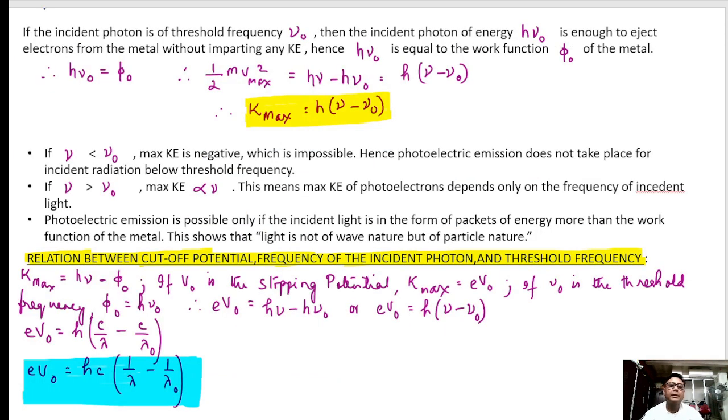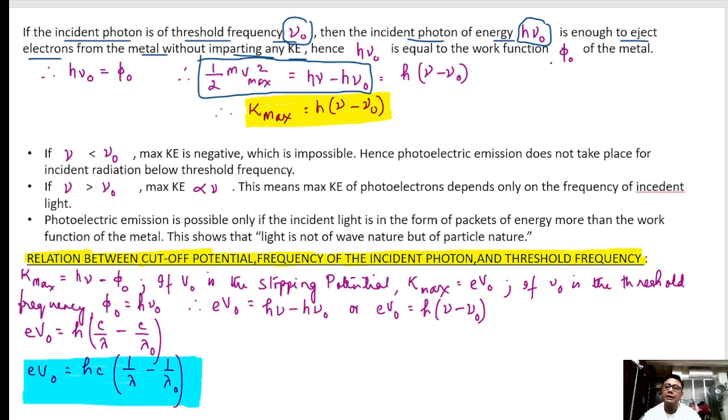Next, if the incident photon is of threshold frequency, then the incident photon energy is enough to eject electrons from the metal without imparting any kinetic energy. That means, as you can see, this is our relation.